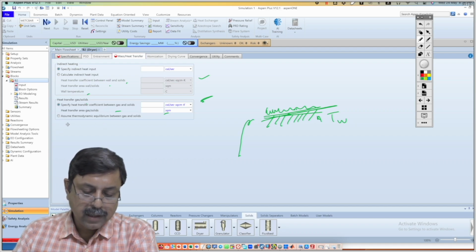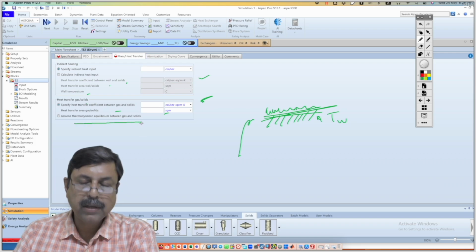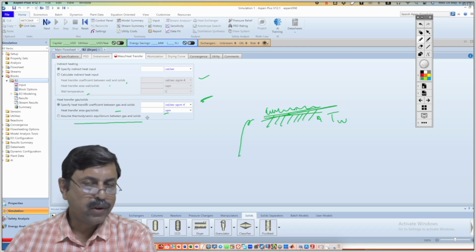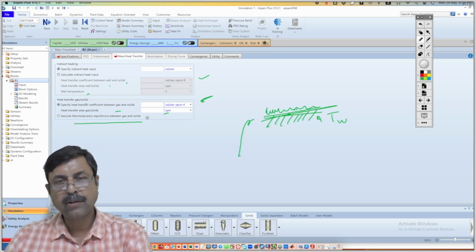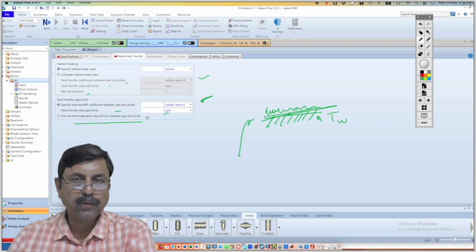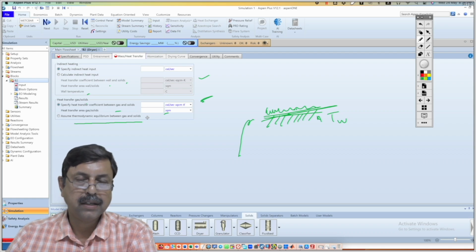Or else you can assume that there is thermodynamic equilibrium between gas and solid. If you consider thermodynamic equilibrium, that also is allowed. Aspen Plus will accordingly calculate the equilibrium condition based on the other data given.